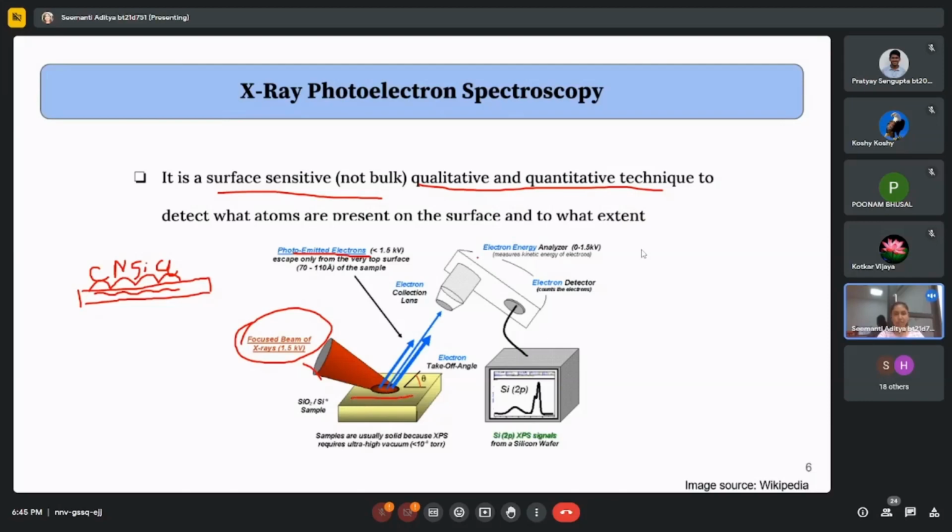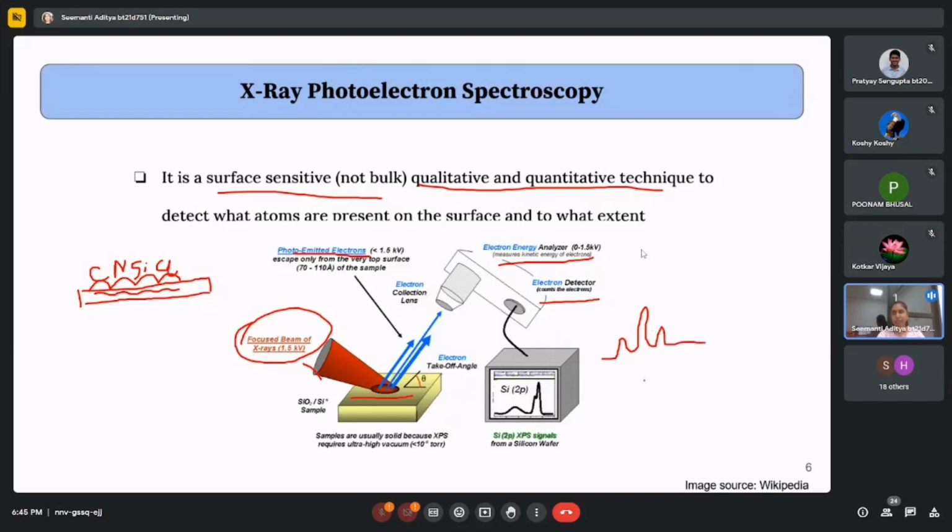Also, the electron detector will count the electrons, and it will show signals as peaks.